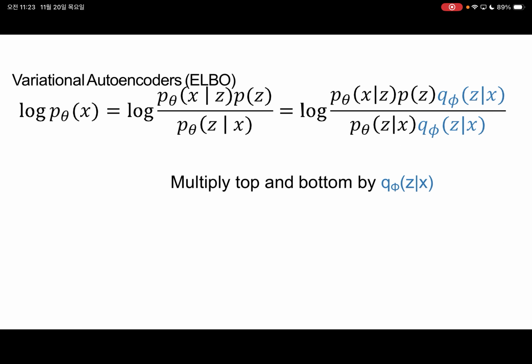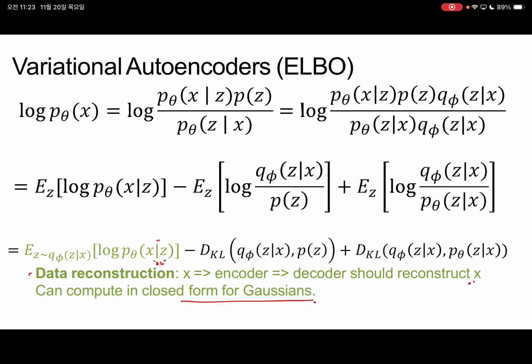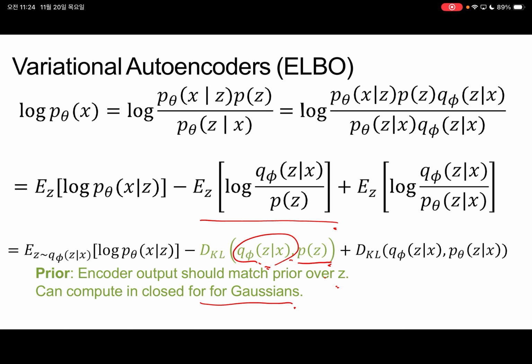The first loss function is the reconstruction loss function that maximizes likelihood from the decoder's output, right? The decoder's output is the reconstructed data, and we simply try to minimize the L2 distance between the decoder's output and the input data. That is about maximizing likelihood. That is the first loss function. The second loss function is the KL divergence on the encoder's output.